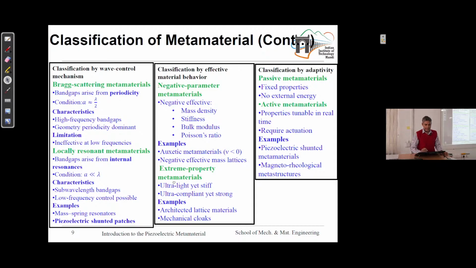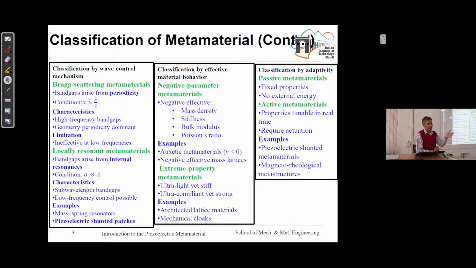Extreme property metamaterials. Now you can see this is very interesting. We have ultralight yet stiff. Say rho is almost 0. Ultralight means rho is equal to 0, and the stiffness K is very high. Usually this is not possible, right? When we have density, in fact, density and K are proportional.